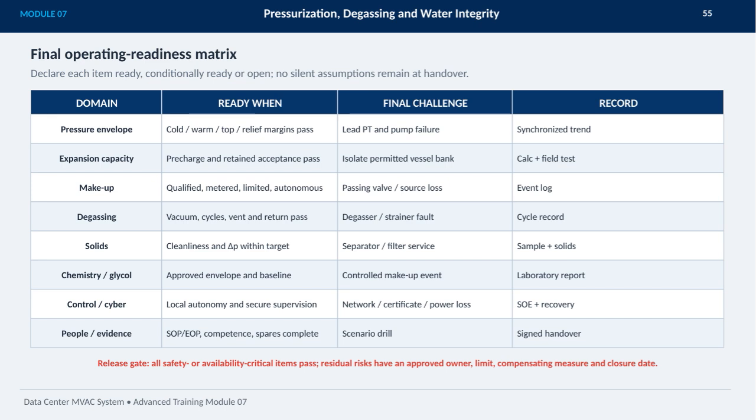Finally, personnel competence, standard operating procedures, and spare parts inventory must be verified through scenario drills and documented with signed handovers. The release gate ensures all safety and availability critical items pass, with any residual risks managed through approved owners and compensating measures. This thorough process guarantees a reliable and secure MVAC system ready for operation.